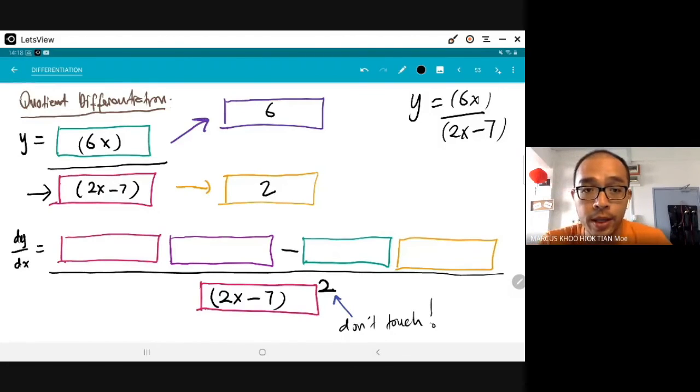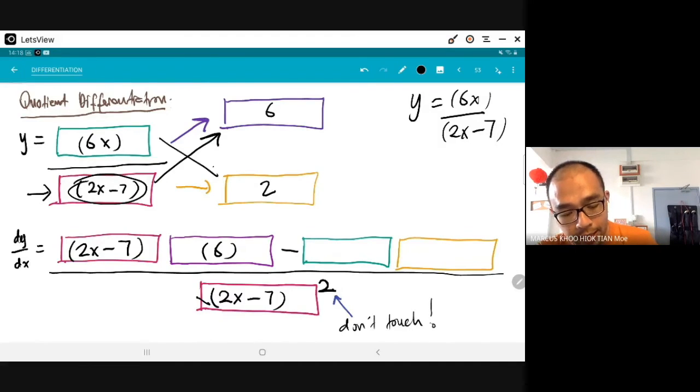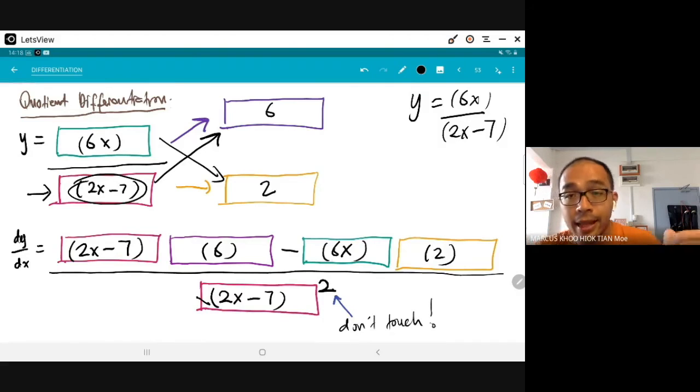Okay, and then since the bottom one, you have already written, that is the first one that you must write, with its friend. So 2x minus 7 multiplied by 6. Okay, because the 6x and the 2 are its friends. So here will be 6x and then here will be 2. But the sign this time is no longer plus. Okay, the sign this time is a minus sign.